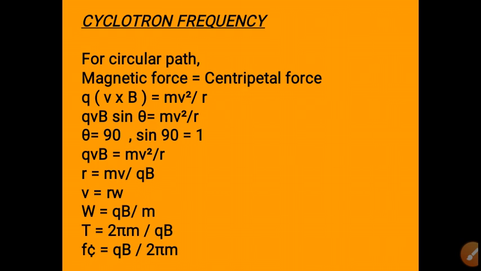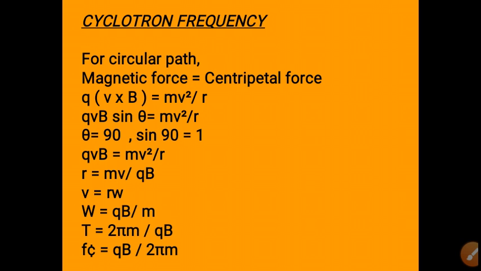So let us find out the cyclotron frequency. We know for a circular path, magnetic force will act as centripetal force. That is why the charged particle is following a circular path. What is magnetic force? It is q into v cross B, equal to centripetal force, m v square by r.